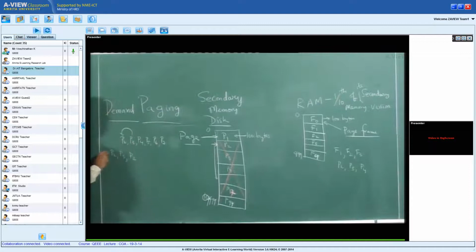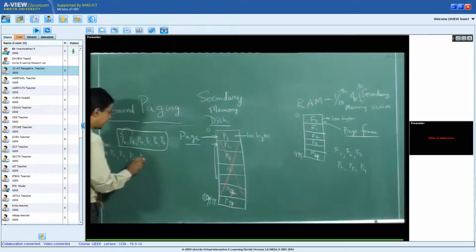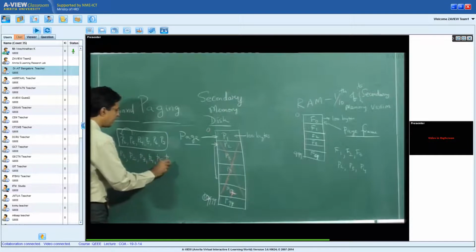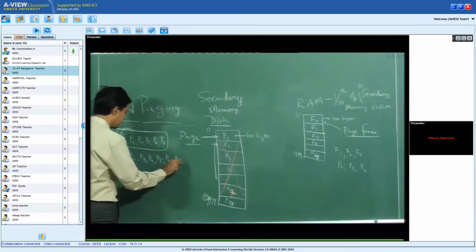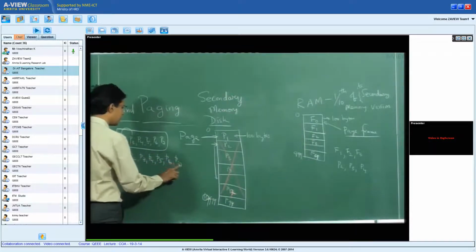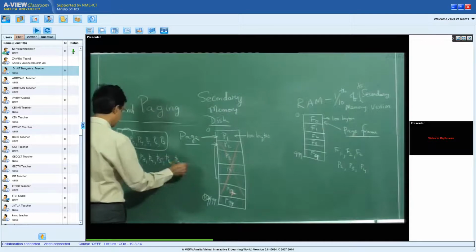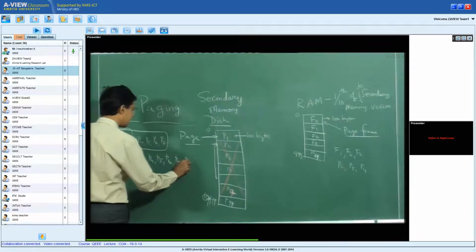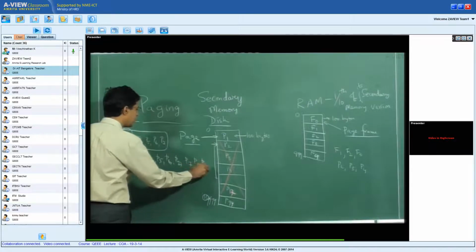So let us see, these are the pages where your program is loaded, but this is the execution trace of your program. P2, P3, P2 is executed, then P3, then P4, then P5, then P6, then P2, then P7, then P3, then P2.